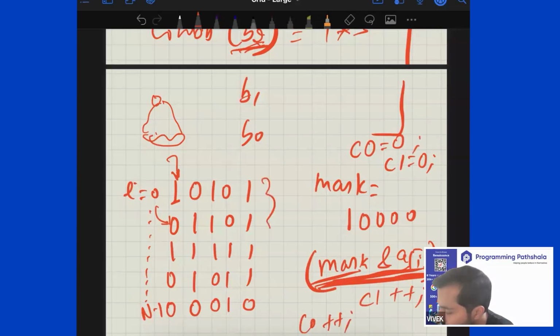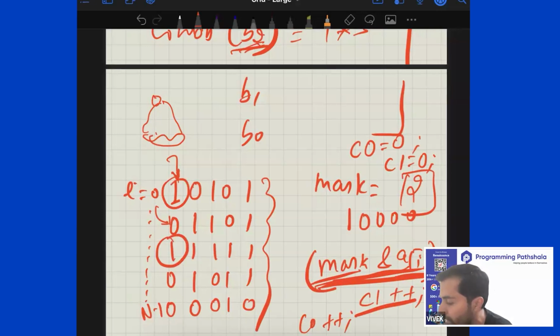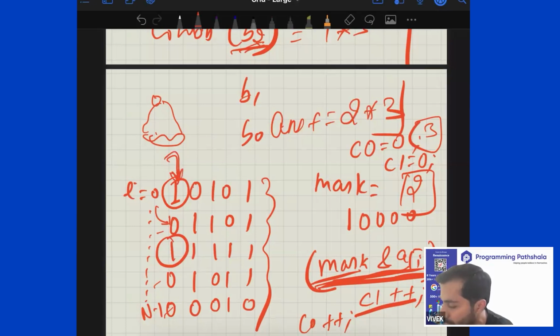Once you have iterated on all these elements, count 1 would have a value of 2, because there are two numbers whose bit at this position is 1, and count 0 would be 3. So we can immediately do answer plus equals 2 into 3, and that would be the contribution of this bit position. What is this bit position, by the way? Is it B0, B1, B2, B3, B4?